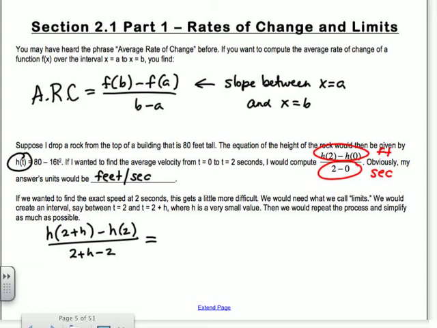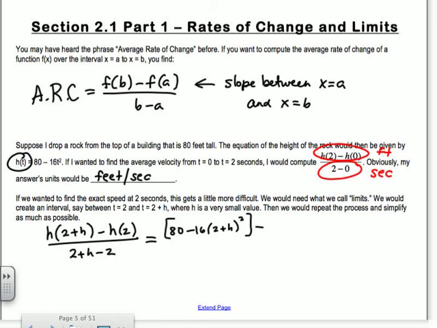So h of 2 plus h means in your h of t formula, you're going to plug in 2 plus h in for t. So you're going to have 80 minus 16 times 2 plus h squared. Then you're going to subtract out h of 2.